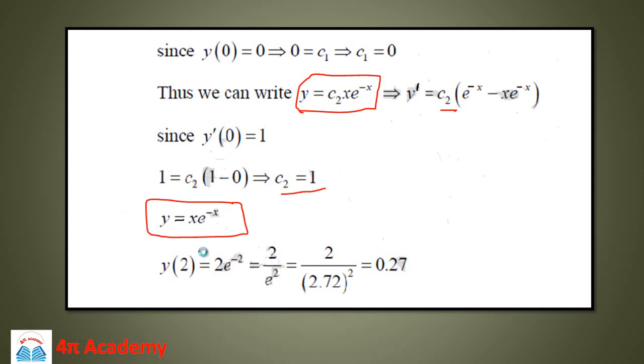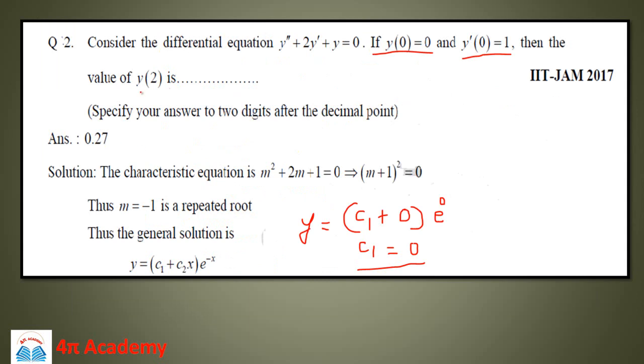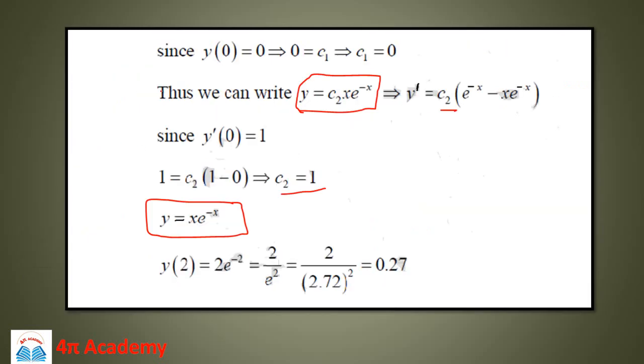Now what is asked in our problem is, you have to find the value of y of 2. So now we can substitute here the value of x as 2, and we need to find what is the value of y. It will be very simple, just substitute x as 2, so it will be 2 into e raised to power minus 2, which is equal to 2 divided by e square.